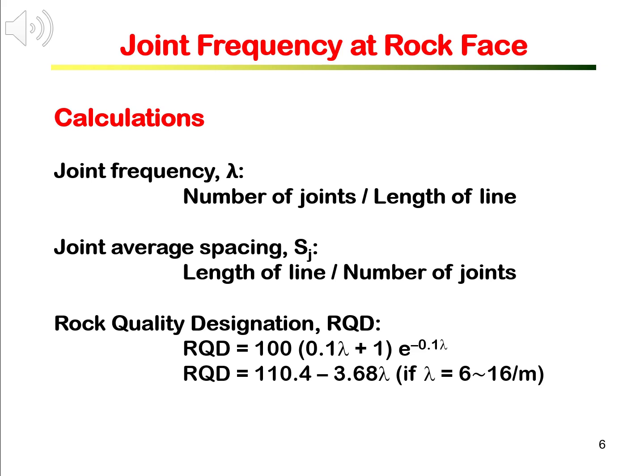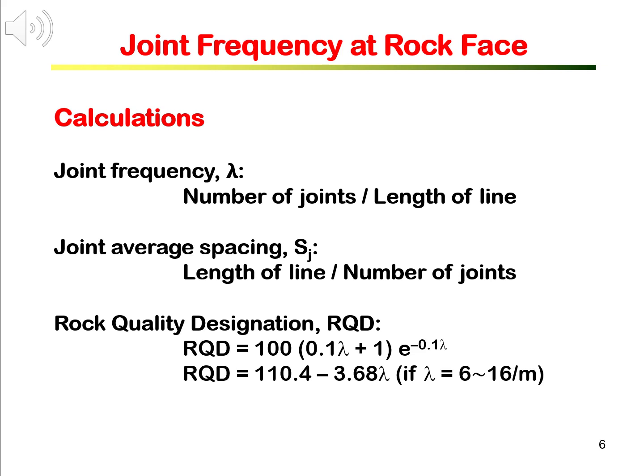It is simply the measured joint number divided by the measuring length. The average spacing of the joints is the reverse of the joint frequency. That is simply the line length divided by the joint number.